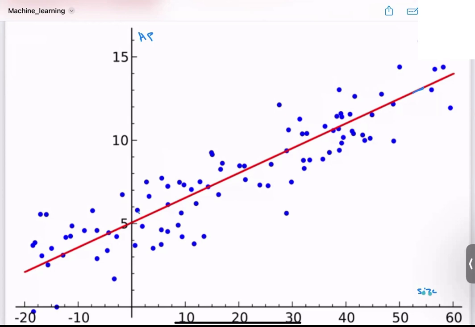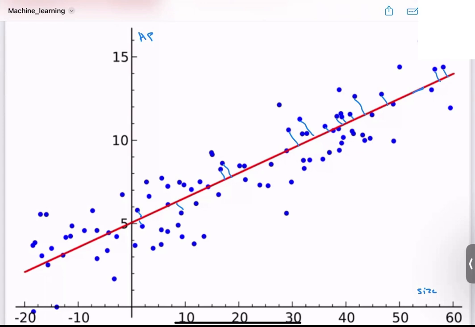We're looking at the distance between every point and the line, and we're trying to make this distance the smallest. We're trying to put a line in the plane that makes this distance the smallest. This can be translated to a math problem, and we can solve it.